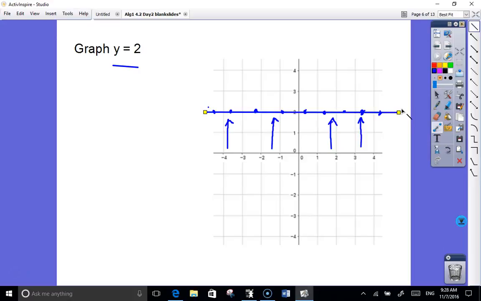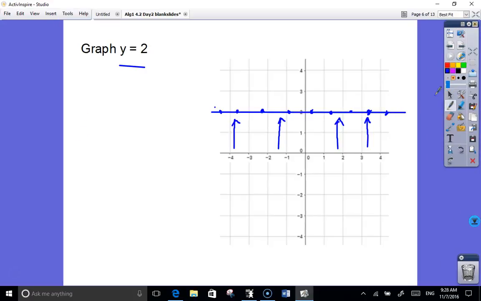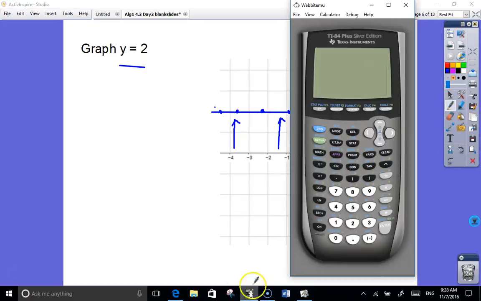Now, kids get confused about this all the time, like which one is which. In your calculator, go to y equals and put in y equals 2, and then look at the graph.